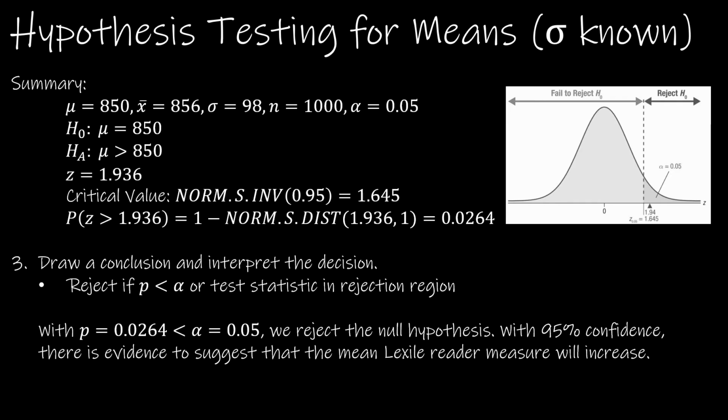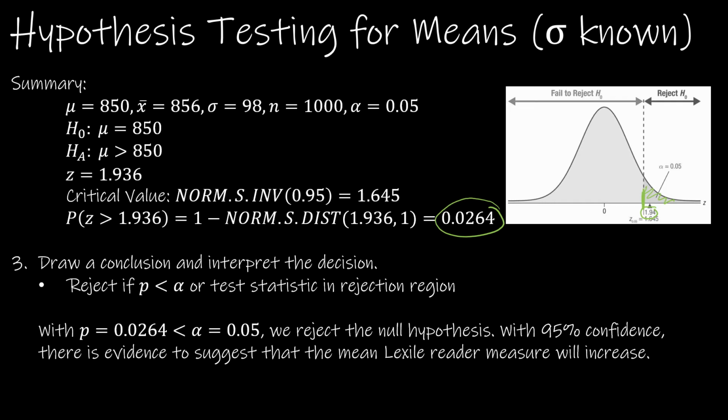So notice both the critical value of 1.645 and then the z-score of 1.94 being in the rejection region, and the p-value of 0.0264 being less than alpha, both tell us to reject the null hypothesis.